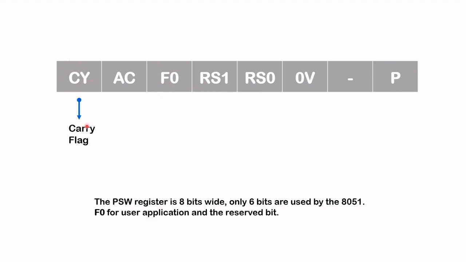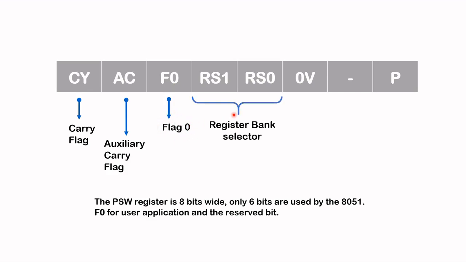CY is the carry flag, AC is the auxiliary carry flag, F0 is flag 0. As mentioned earlier, this is for user application. And these two bits, RS1 and RS0, are used for register bank select.